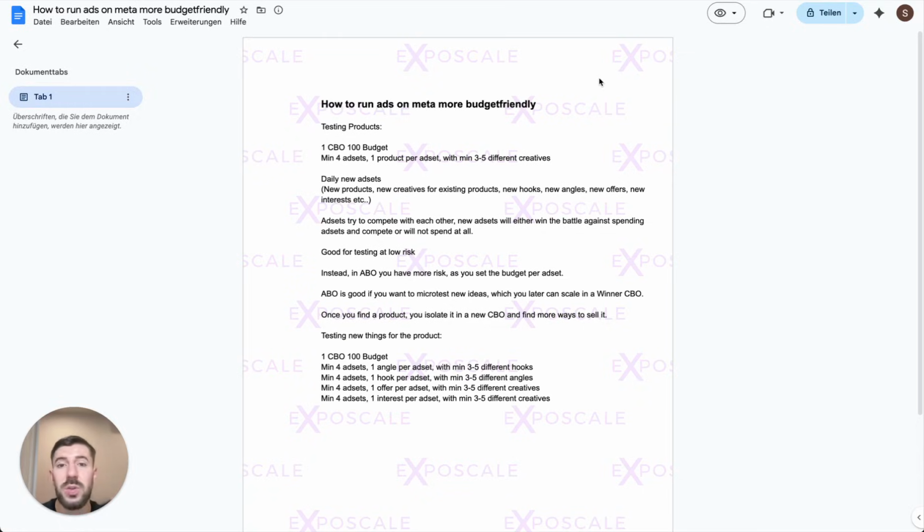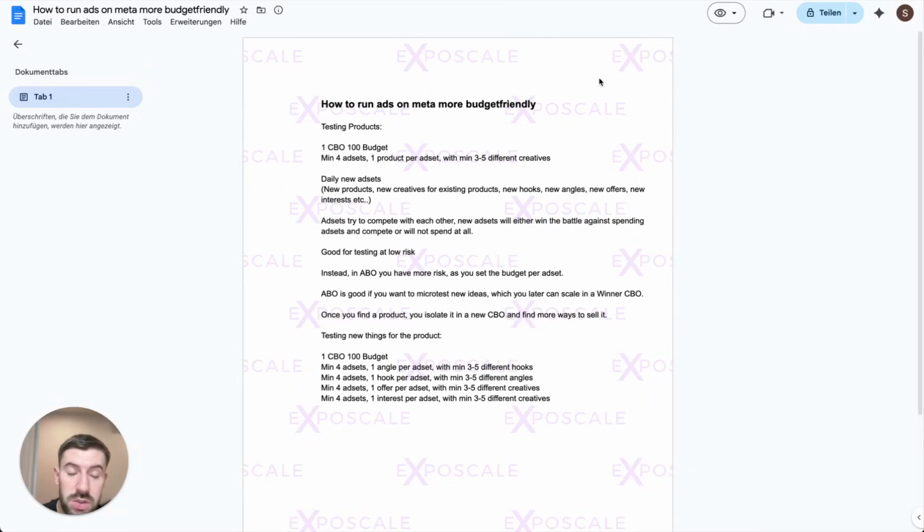On an ABO you have a safe spend, and sometimes you need 10, 20, 30, 40 spend on a creative to validate if it can work, or maybe you can improve it. But if you never spend on it, you never know if it would be a good one or a bad one. So this allows you to test more products at a lower cost, more efficiently.